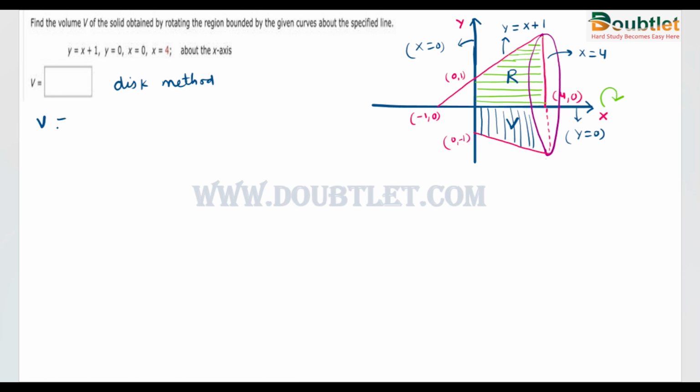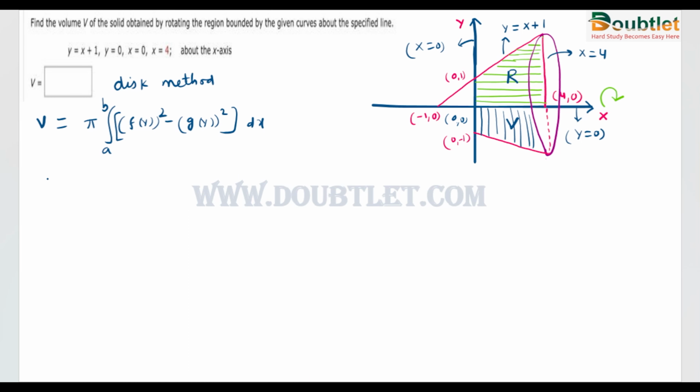So disk method, basically it will be pi of f(x) whole square minus g(x) whole square, and we have to integrate these both functions with respect to x, and limit is from a to b. So we can set the limit are from 0, 0 to 4, 0.